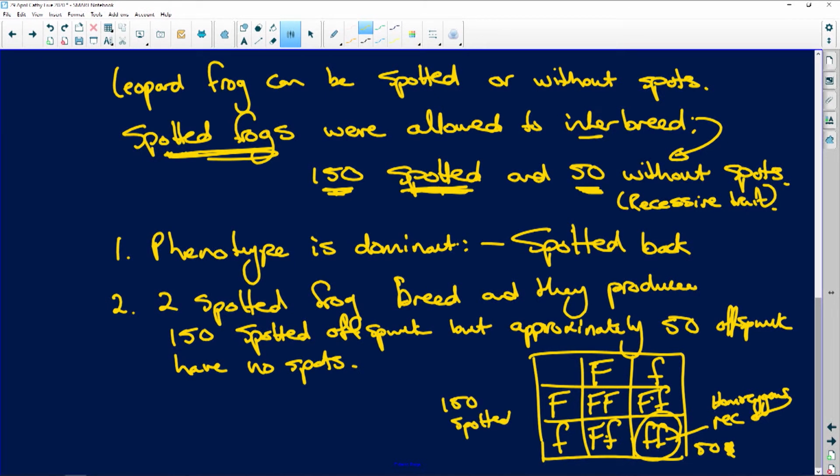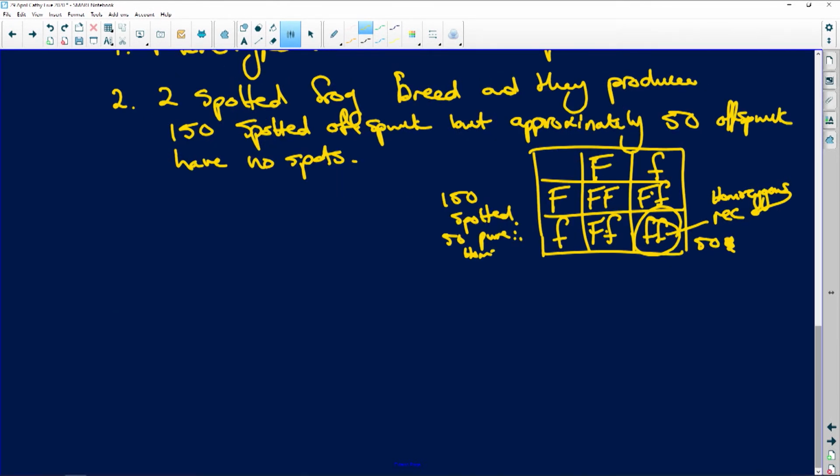Of those 150, 50 are going to be pure, so homozygous dominant, and you're going to have 100 that are heterozygous.